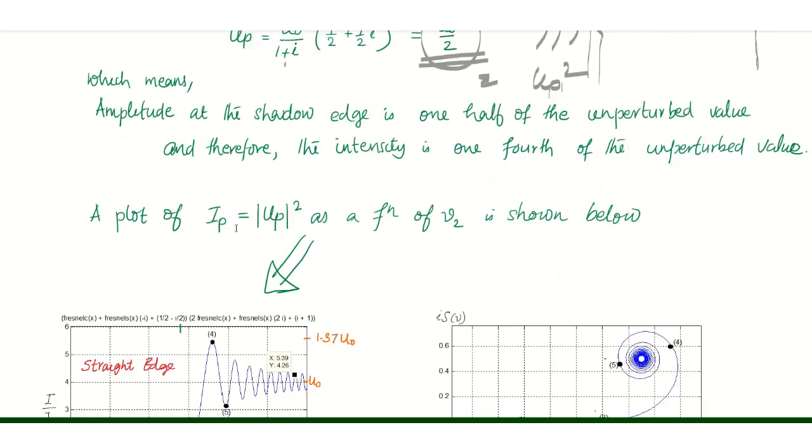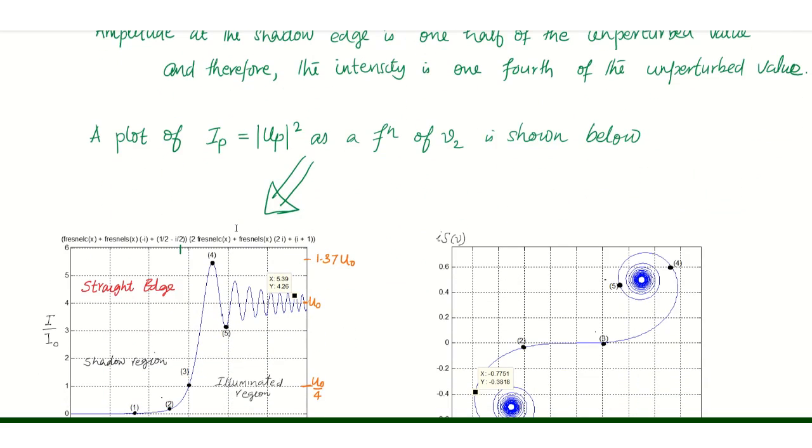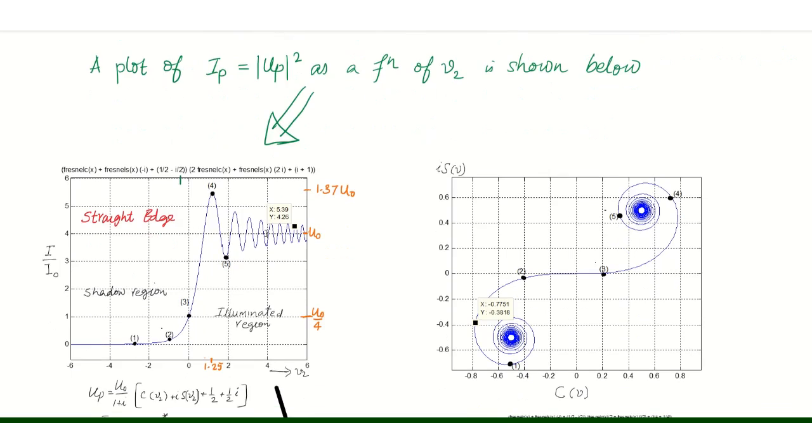Let's plot it and see, as a function of V2. Here is your aperture, the knife edge. V1 is somewhere here at minus infinity. V2 is something that we vary. This is V2 equal to 0, then this is V2, let's say, equal to 1, and so on, and at some point it is going to go to infinity.